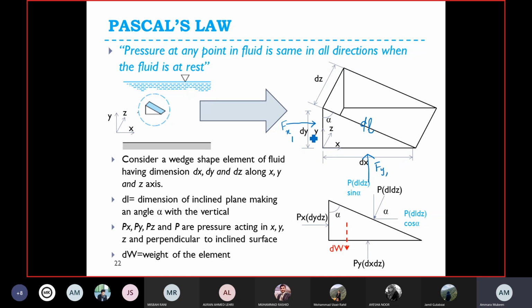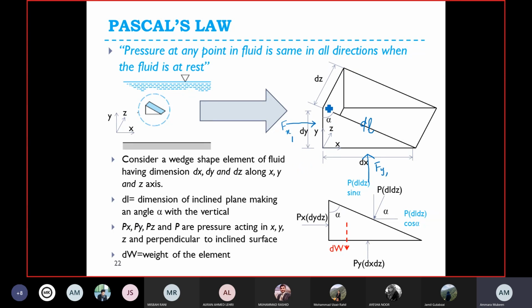Pressure is force per unit area. So how would you define Px1?